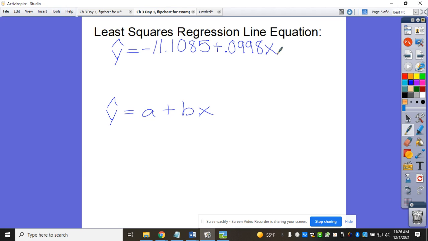But anytime you write that equation, you have to define your variables. So what are we defining as x? That should not be hard. Our x is our which variable? So this is yards per game.